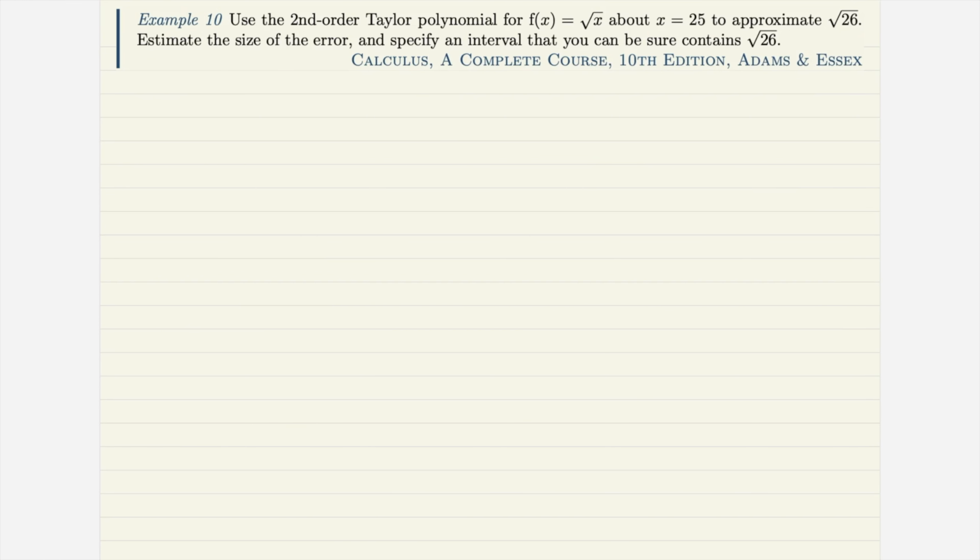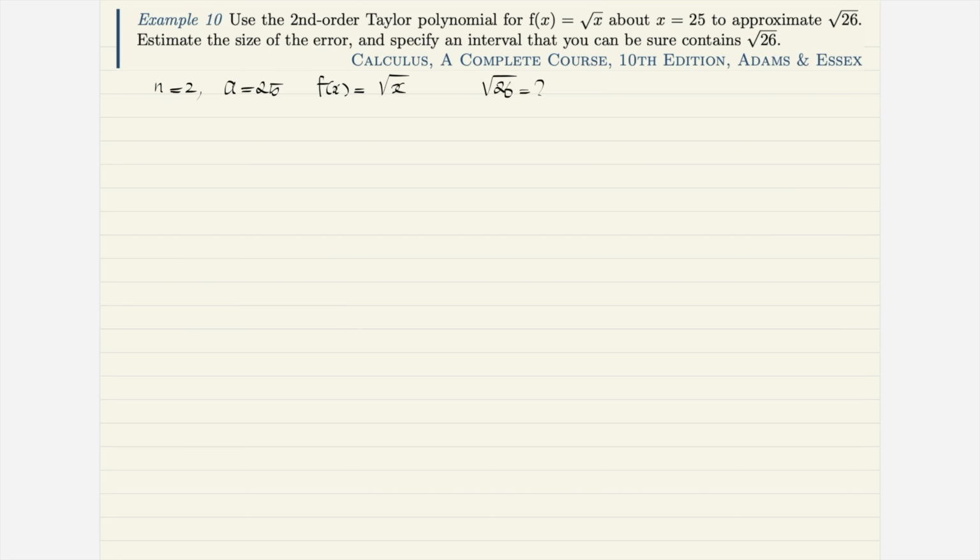Anyway, here the problem is given to us, so I have to go to second order. So n in this problem is 2, and the point a is given to be 25, and my function f of x is equal to square root of x, and I want to estimate square root of 26 approximately.